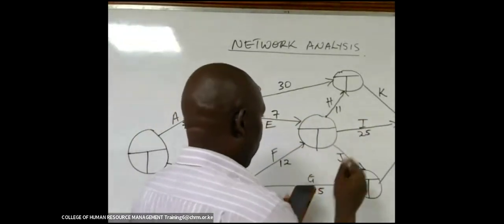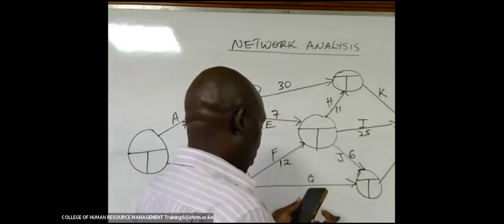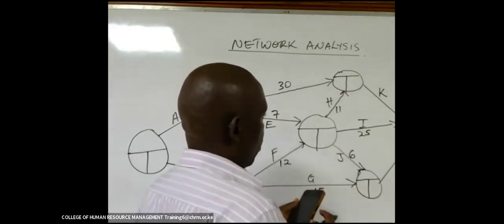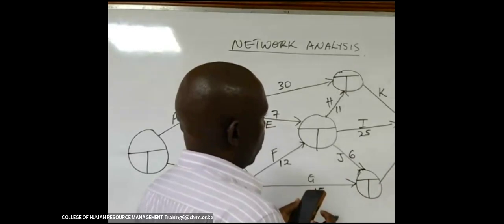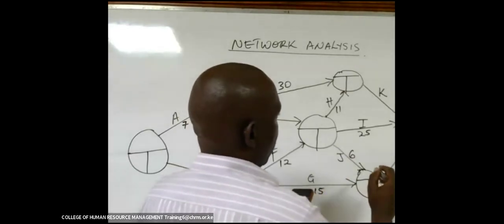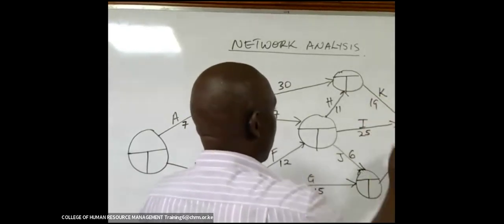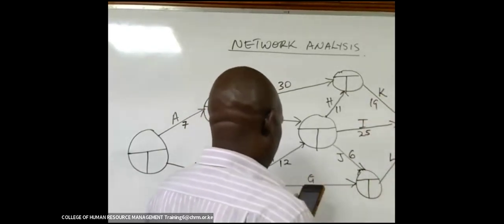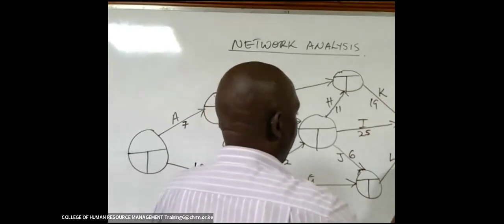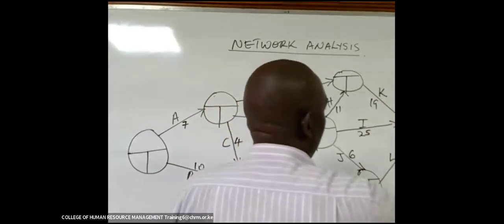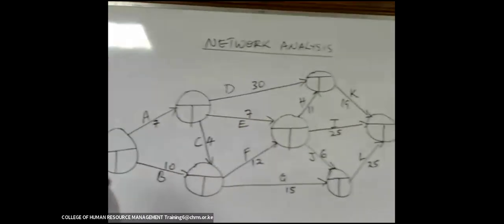Then J is 6. K is 19. This is L. L is 25. And then this one is 2. They should be like that.